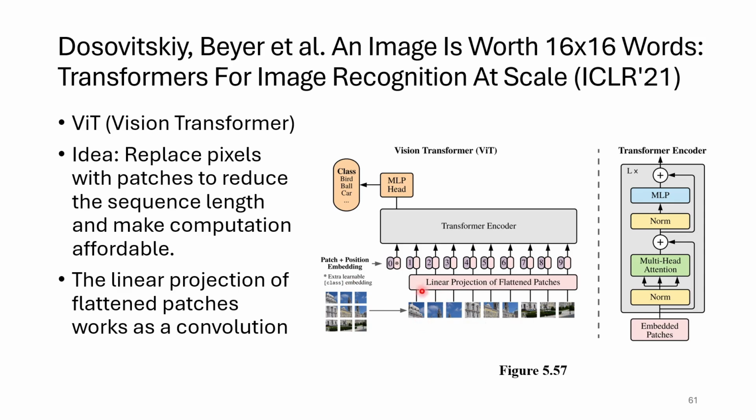Then they apply a linear projection. It equals a convolutional network, because the linear projection of those 16 by 16 patches is the same. It's like you convert them from one space to another space.